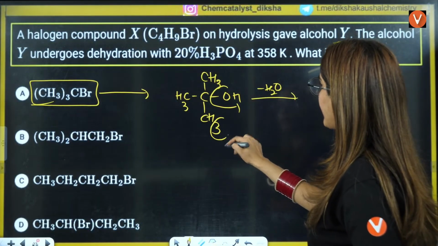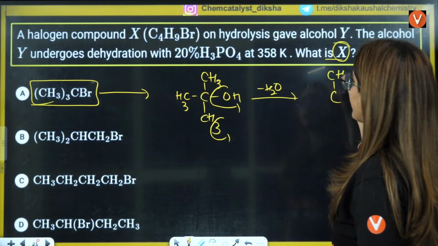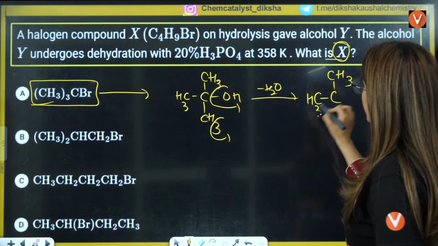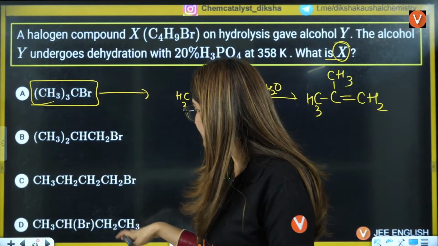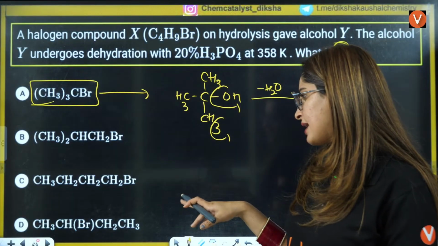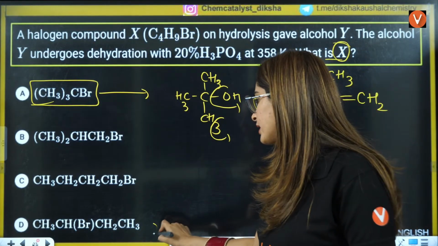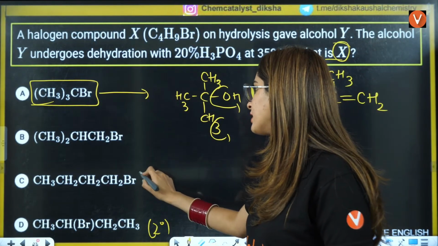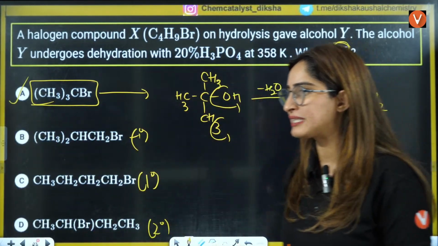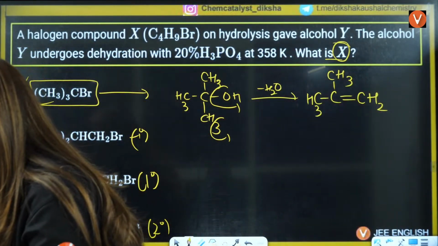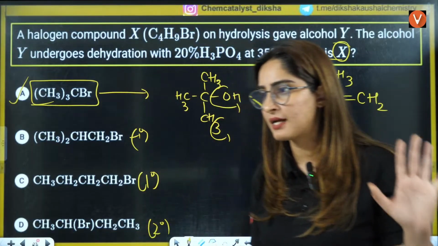OH and then H, so it will give the double bond, CH2. In all other cases, a 2-degree alcohol will be formed, or 1 degree will be formed. So this is the only option, that is A is going to be the correct answer here, right?